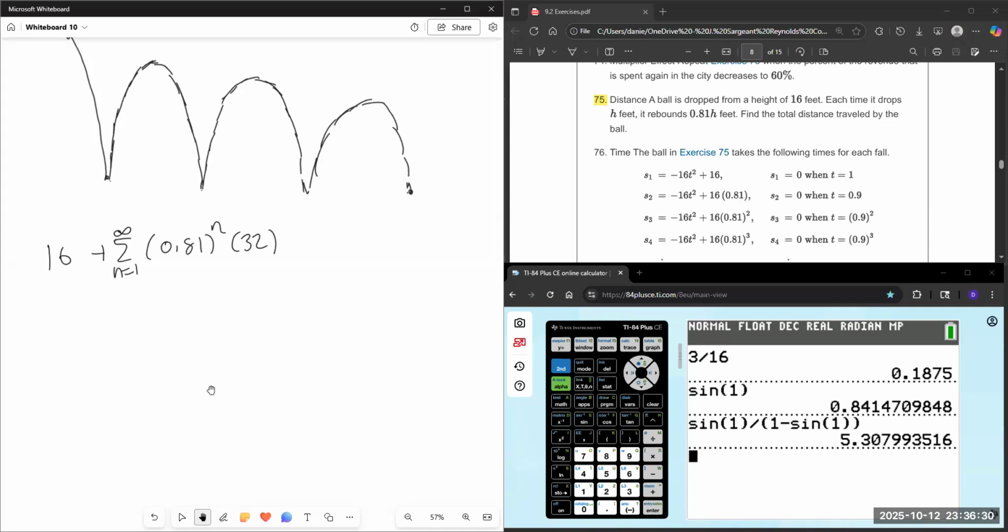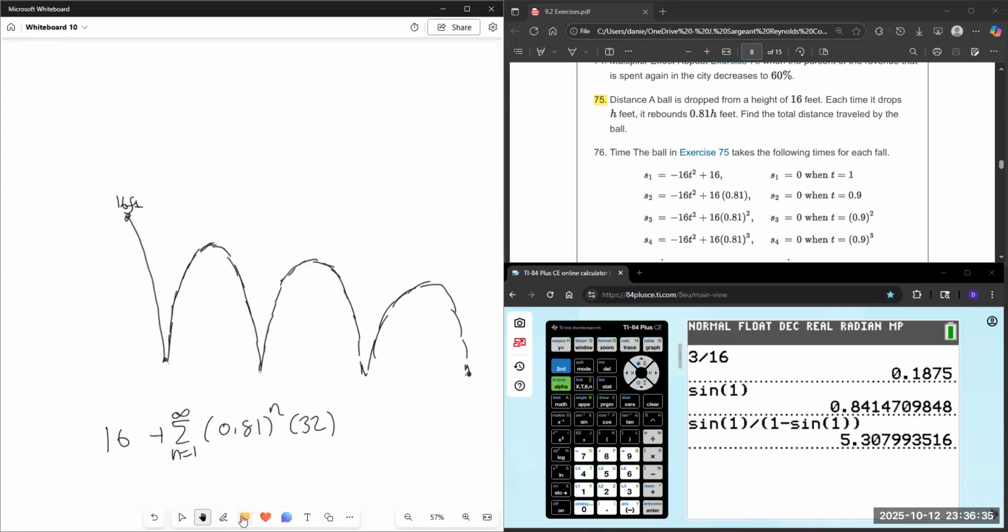Well, it is looking at this as 16 plus 2 times 0.81 times 16 plus 2 times 0.81 squared times, so this is 81% of that number right there.